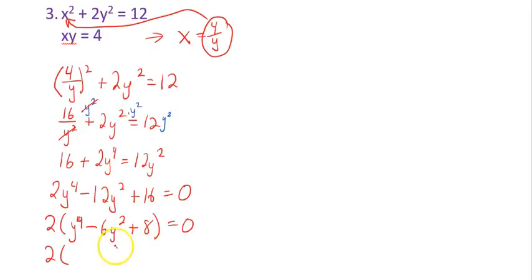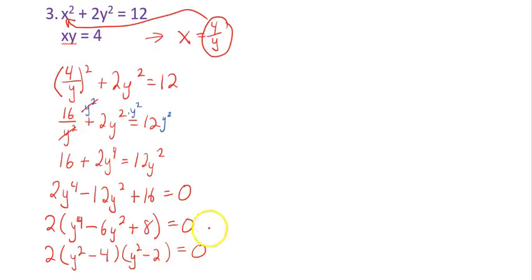And then when I factor it into the 2 parentheses like I would a trinomial, instead of just a y, because this is y to the 4th, I'm going to have y squared here. And then I just have to think about what multiplies to give me 8 and adds to give me negative 6. And that's going to be a negative 4 and a negative 2.